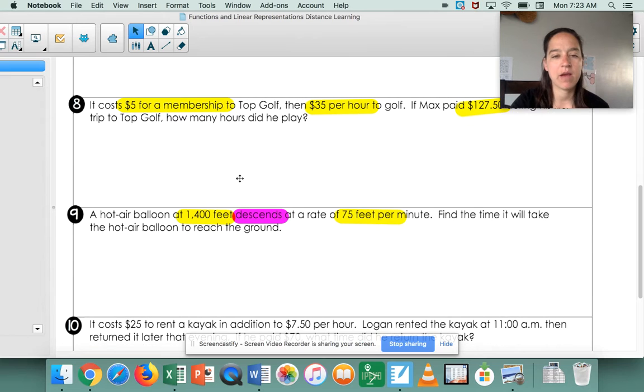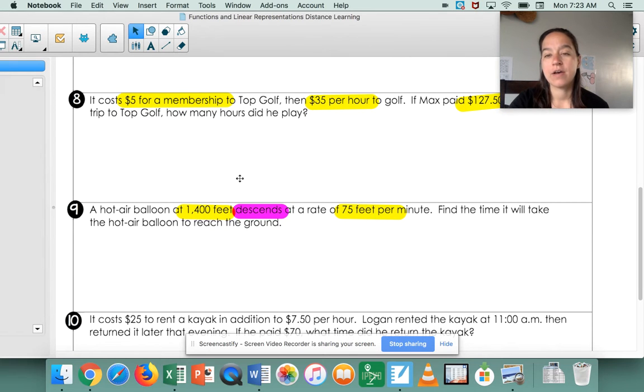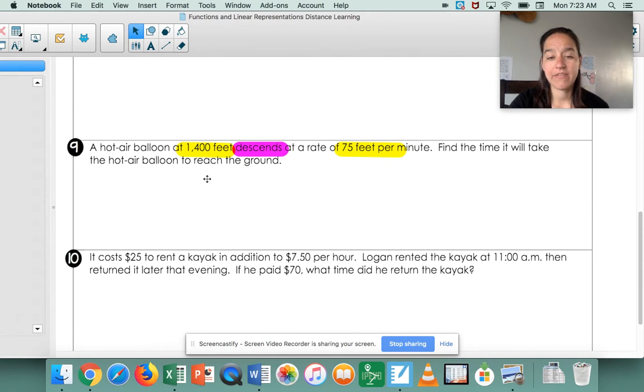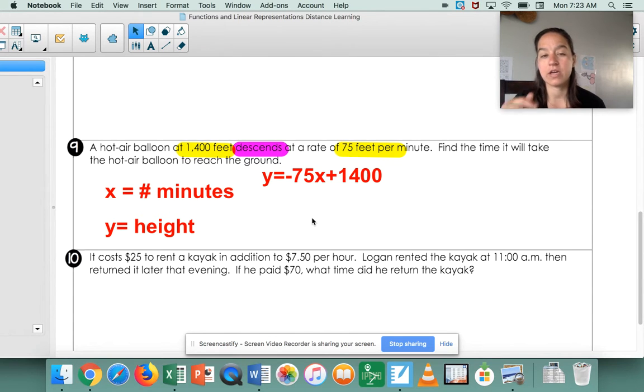We even did problems where they gave us the end goal. For instance, this one was talking about descending 75 feet per minute. When I started at 1,400, how long would it take to get to the ground?